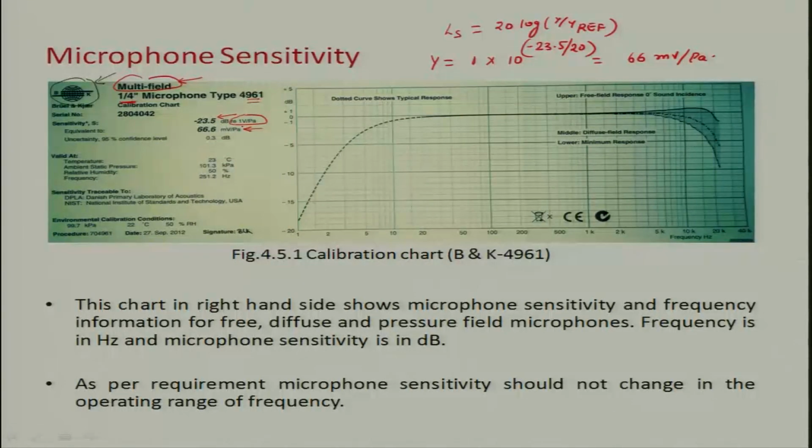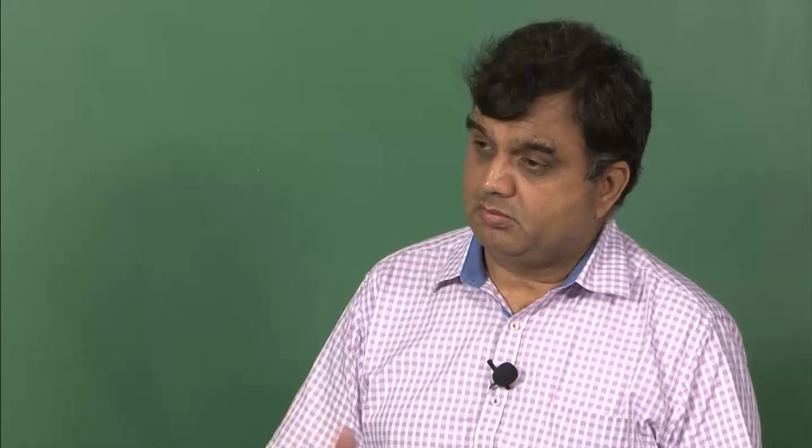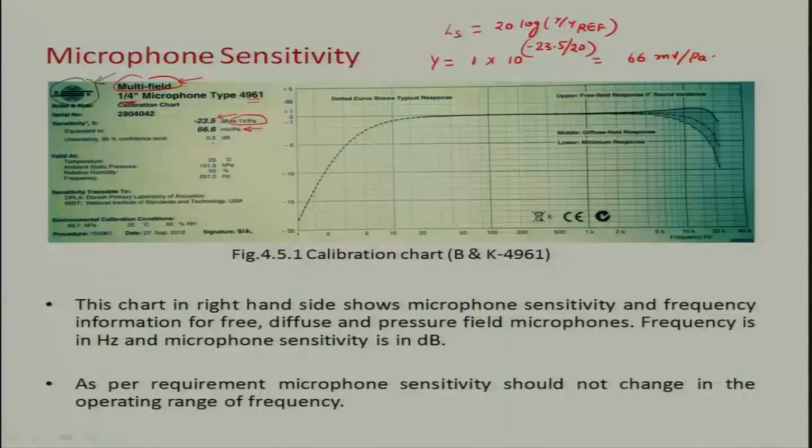And then of course, whenever there is an instrument, it has some margin of error. The maker is saying that there is an uncertainty of 0.3 decibels, which means the sensitivity could be somewhere between minus 23.8 and minus 23.2.